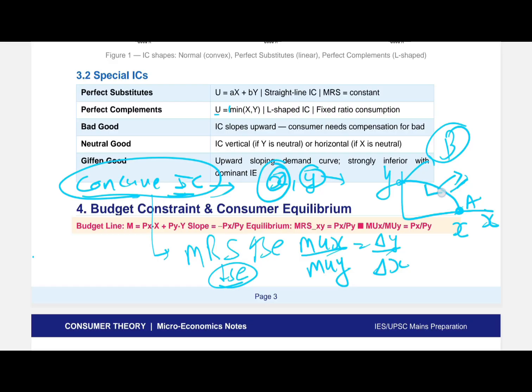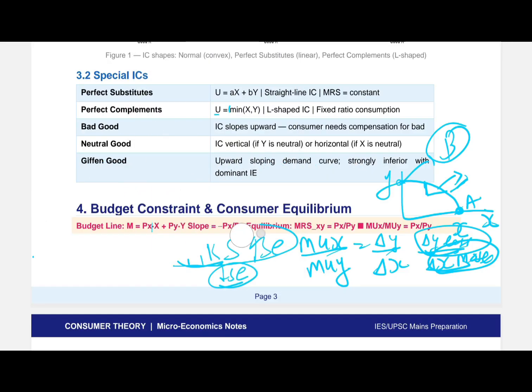For the additional unit, the change in y is less, but the change in x is more. It means more and more demand for the good x, but we reduce the consumption of y less as compared to the normal cases. That's why its marginal rate of substitution is increasing.